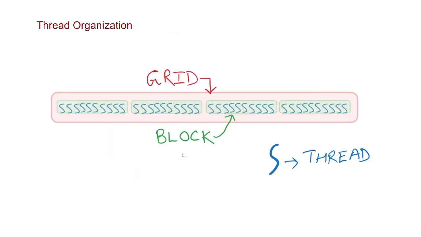Now the grid of threads which get executed by the GPU are organized in a two-level hierarchy, for reasons we will see shortly. The threads are organized in blocks, and the grid is a collection of blocks. All the blocks have the same size, meaning the same number of threads. Usually the blocks have sizes between 128 threads and a maximum of 1024 threads. If you have more than 1024 threads in a block, the GPU might complain.